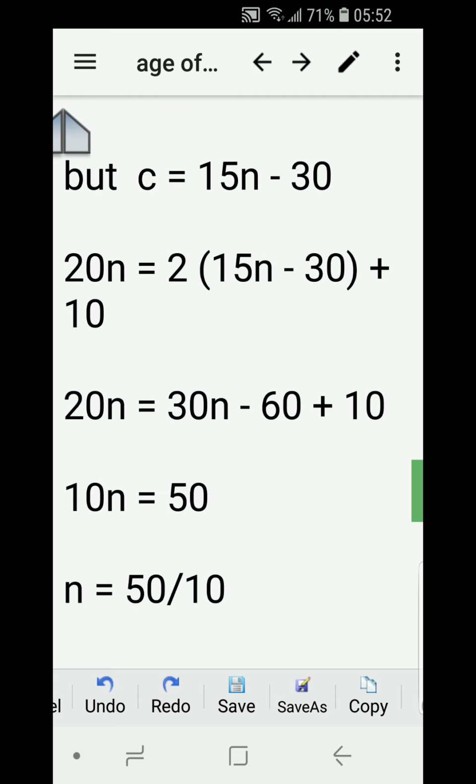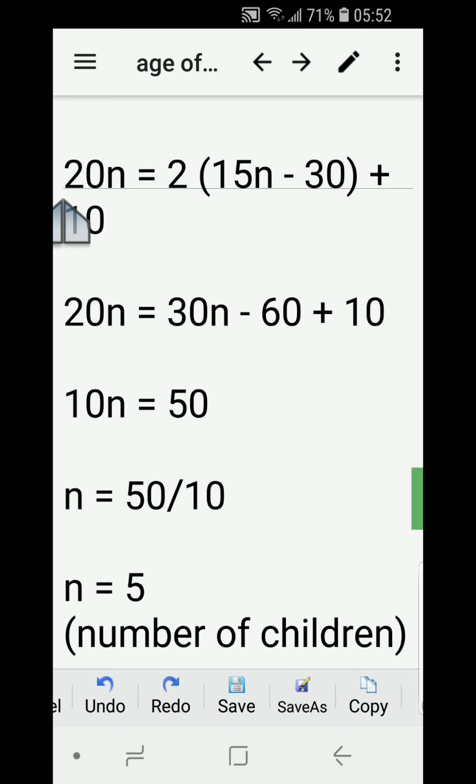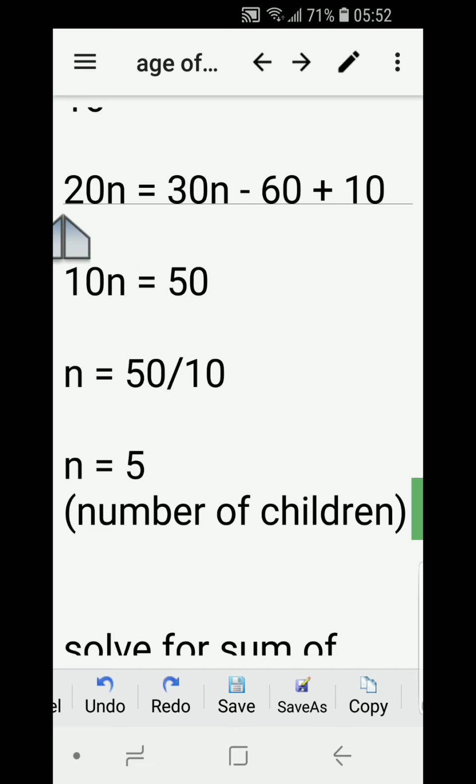So we simplify again, and then we find out that n is equal to 50 divided by 10, n is equal to 5. That is the answer, and that is the number of children. Okay, that is the final answer.